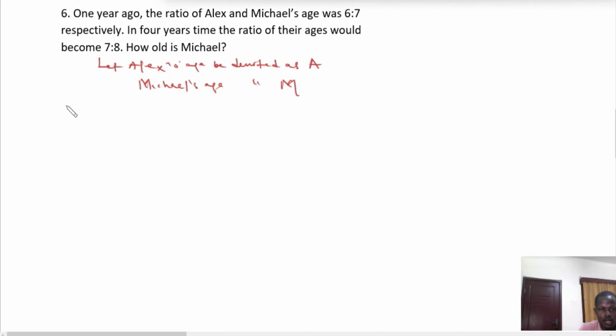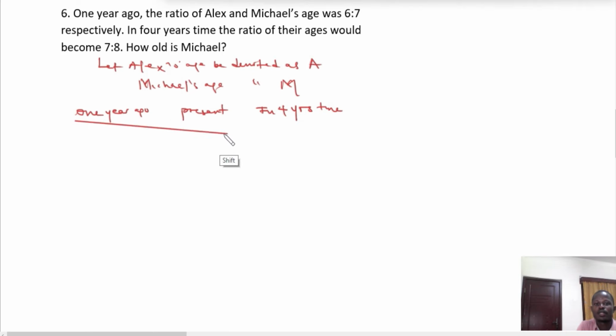So let's try to do 1 year ago, we have the present time, and we have in 4 years' time. So we have these three instances. 1 year ago, the ratio of Alex and Michael's age was 6:7. So here, let's try to analyze this. Let me draw a straight line.